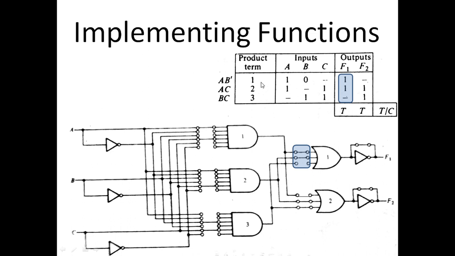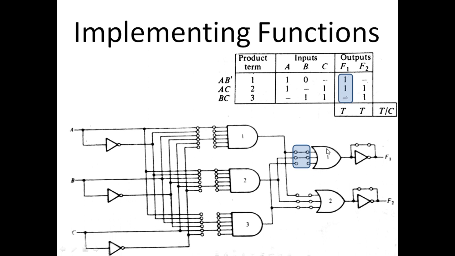So keep the connection to the first OR gate from 1 and 2 and break the other connection. From product terms 1 and 2, there is 1 for F1 for product term 1 and 1 for F1 for product term 2. So from product terms 1 and 2, we keep the connection to sum term 1, that is for F1.